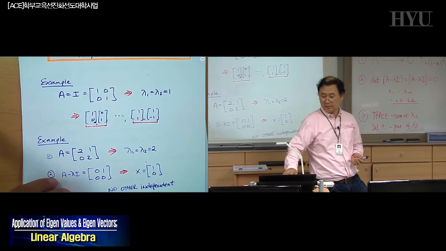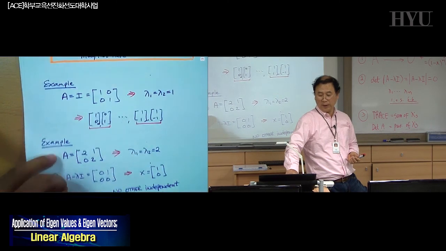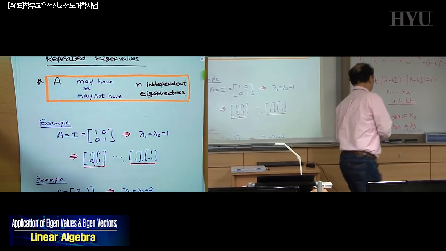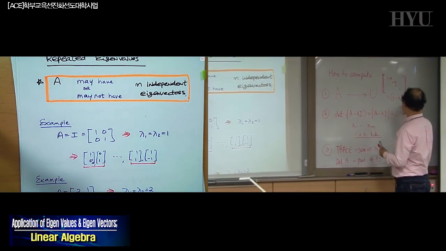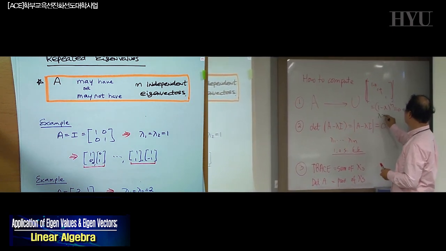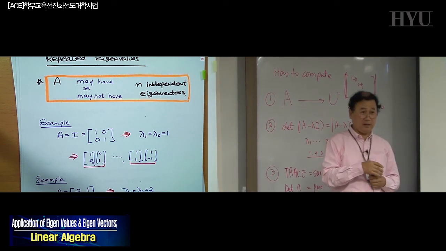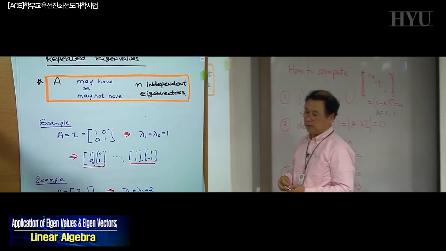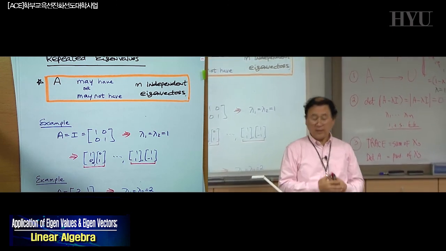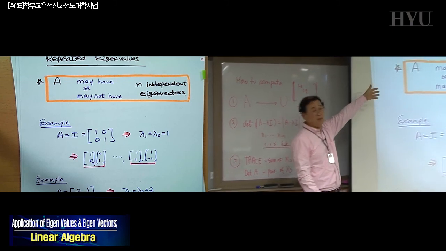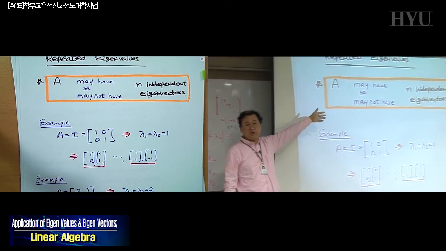Let's discuss the case of repeated eigenvalues. Sometimes some values are repeated, as with a polynomial. In that case, sometimes we can find n independent eigenvectors, and sometimes we are not able to.